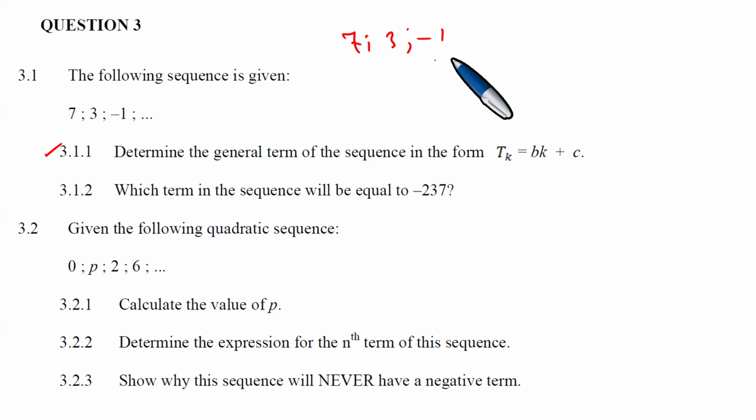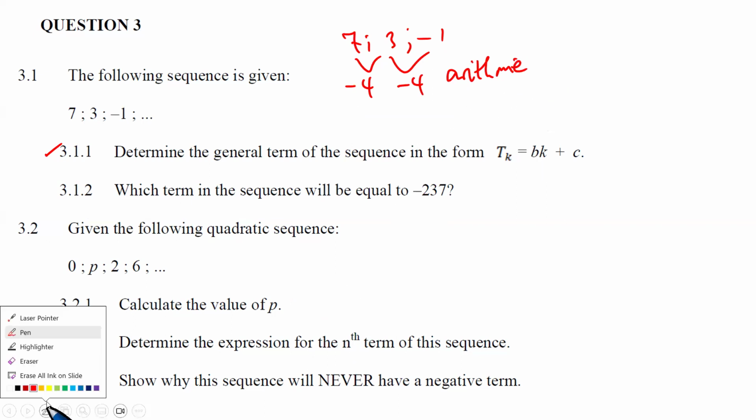We must first find out whether it's geometric, arithmetic, or linear. What do you think? Is it arithmetic or geometric or quadratic? If you say 3 minus 7, you get minus 4. And then it is minus 4 again, so it's linear, sir. It's linear, so it is arithmetic. Yes, it is arithmetic.